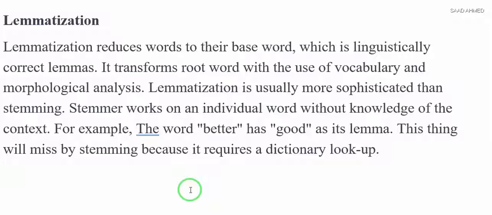It takes more time than stemming. Lemmatization is usually more sophisticated than stemming. A stemmer works on an individual word without knowledge of the context. For example, the word better has good as its lemma. This will be missed by stemming because it requires a dictionary lookup. So lemmatization is better when you are using it because it is going to give you dictionary words.